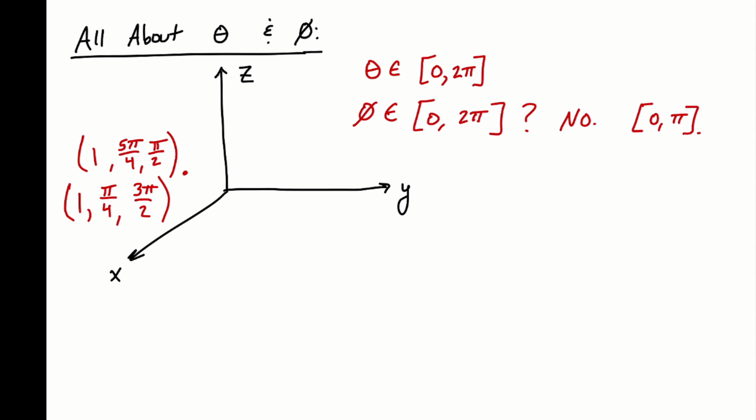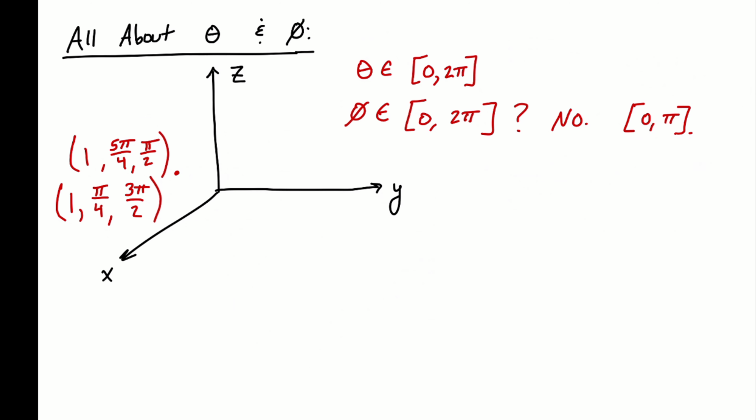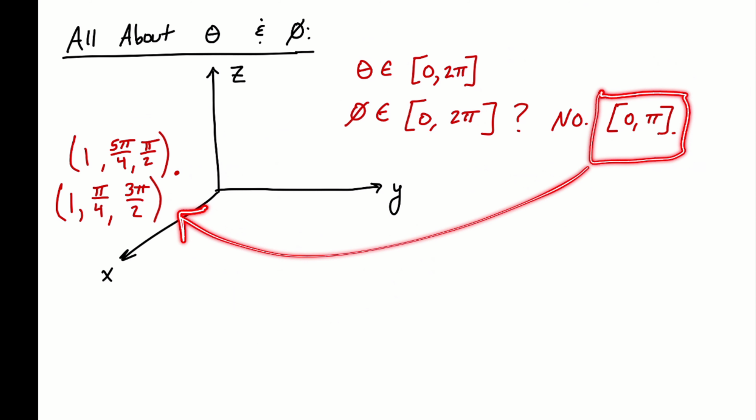But notice here we had to allow phi to go beyond pi. So really, whenever we do this restriction of phi, its maximum domain being 0 to pi, it's really to just eliminate the possibility of these kinds of redundancies.